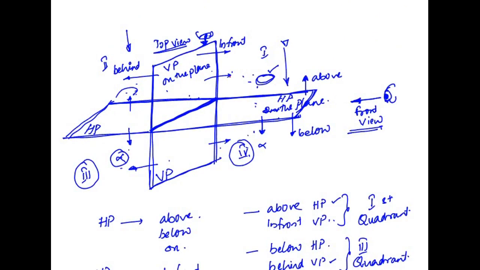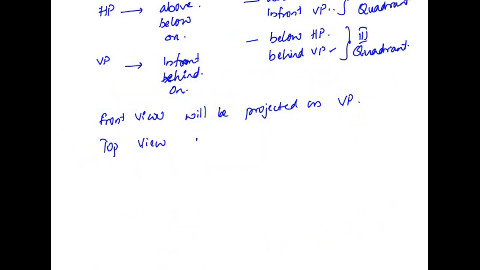The projection of the top view will be on the horizontal plane. So we have only two views as of now. There are other auxiliary views I will teach later on, but right now let us focus only on two views on two different planes: front view on the vertical plane and top view on the horizontal plane.